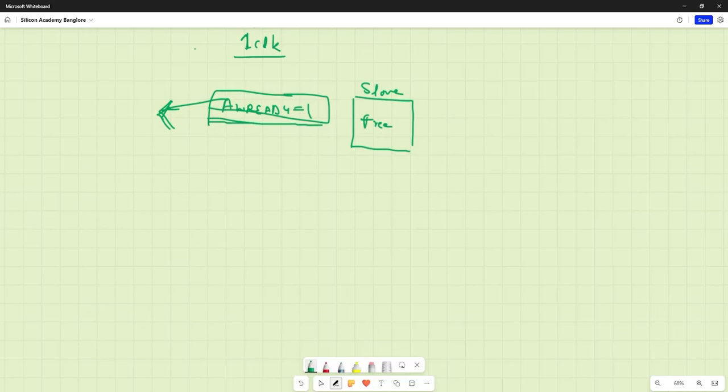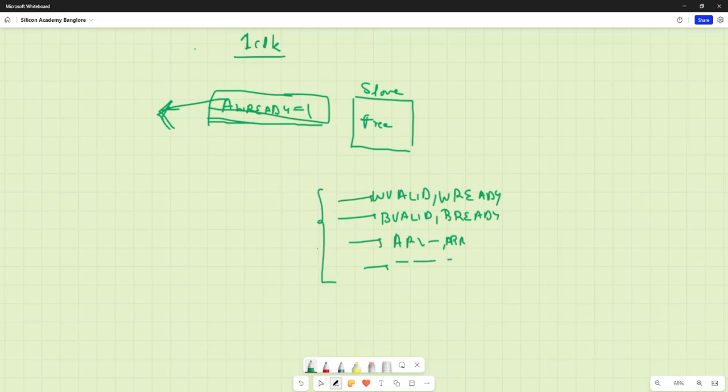That will be W valid and W ready for the write data channel, B valid and B ready for the response channel, and similarly AR valid and AR ready for the read one. So we can look into these signals and their behavior as given in the AXI spec.